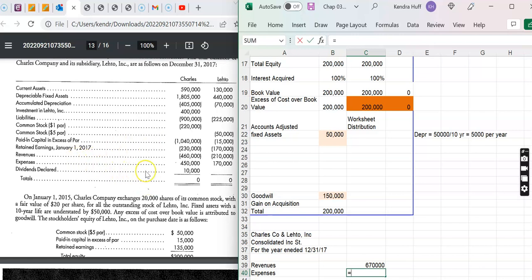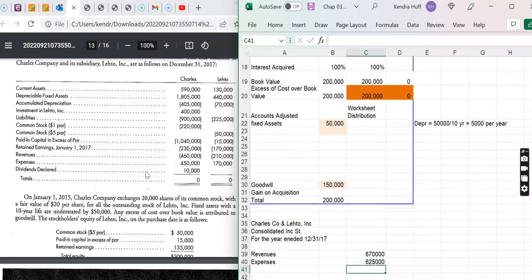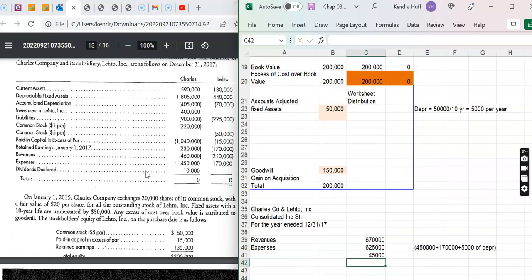That's going to be the $450 plus $170 plus the $5,000 of depreciation. That is consolidated net income, and we don't have to split it or anything because we own them 100%.